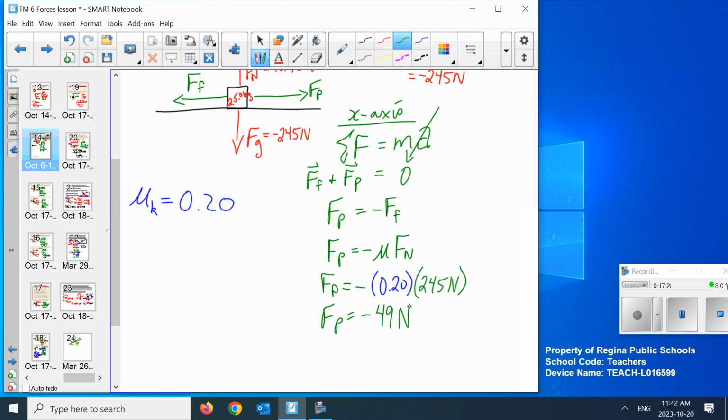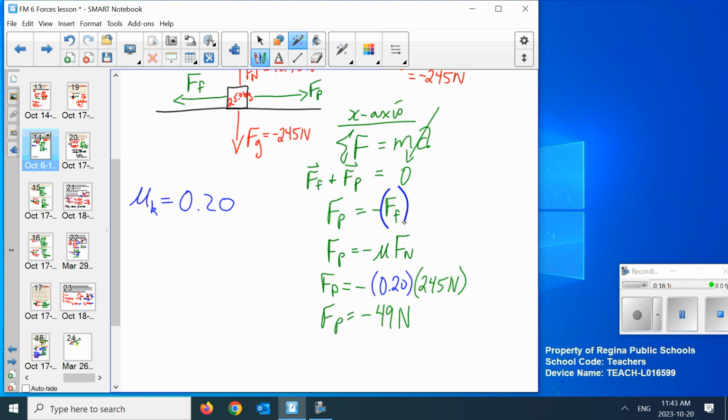The only reason why I have it as negative, just a second. You know what? It's a double negative. I'm just thinking this through. It depends how you drew your diagram. I'll show you what I mean. I look at my diagram, and I know that my pull is to the right, so it should be a positive force, minus the force of friction.